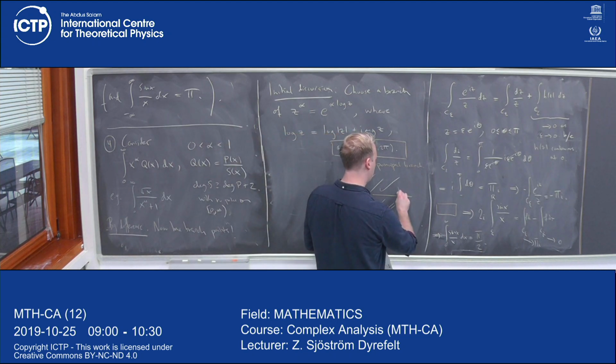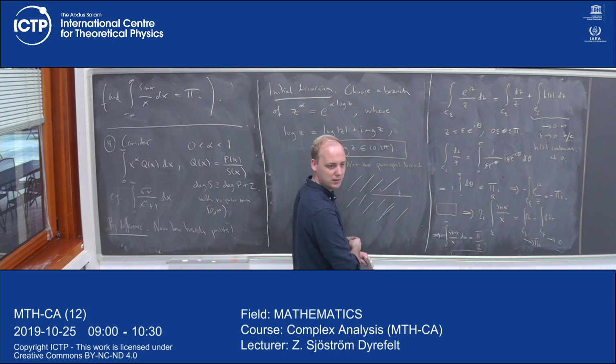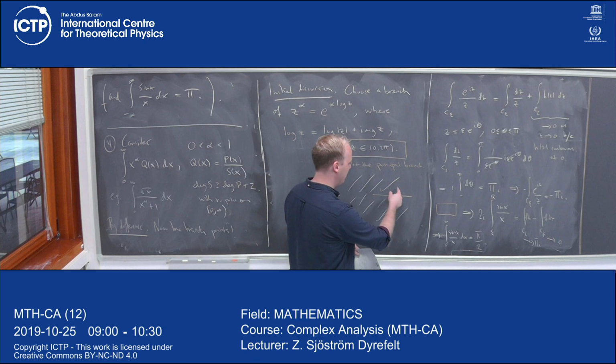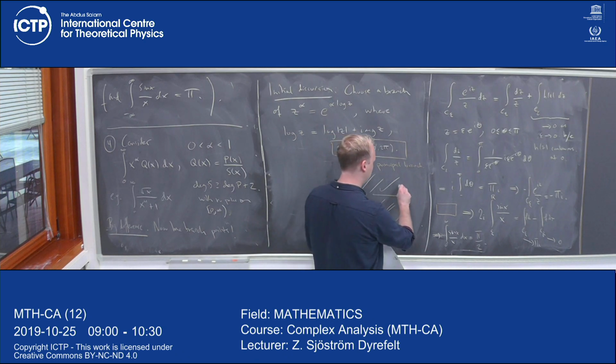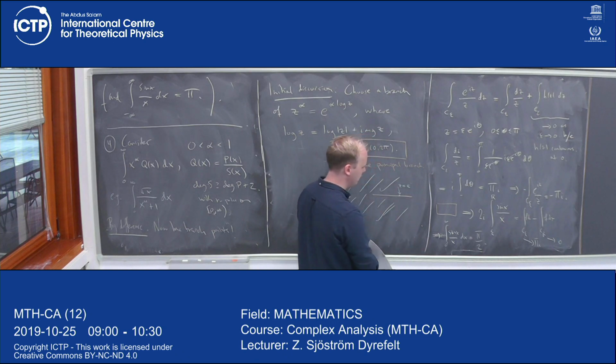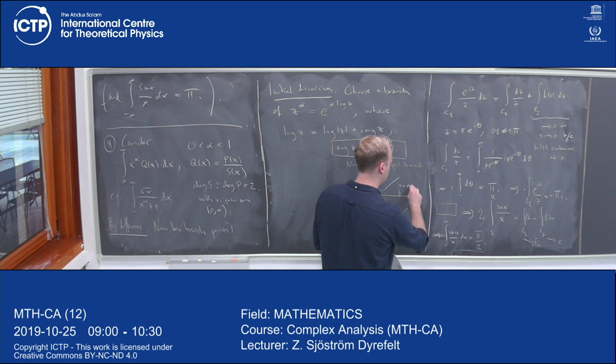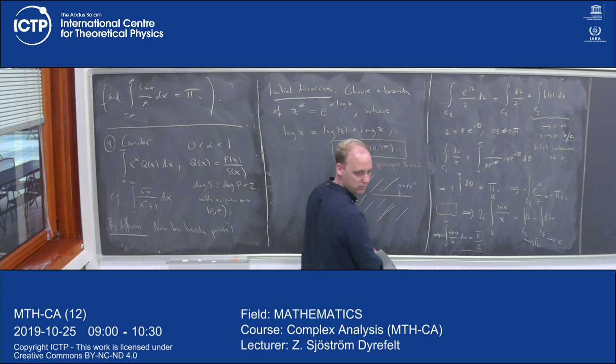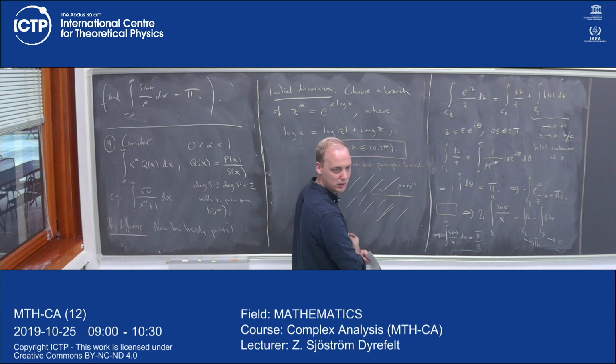So now, if we approach the real axis from above, okay, then the value of such a point here, we have z equal to r e to the i theta, but theta is very small. It's equal to e to the i epsilon, let's say, where epsilon is very small. Okay.